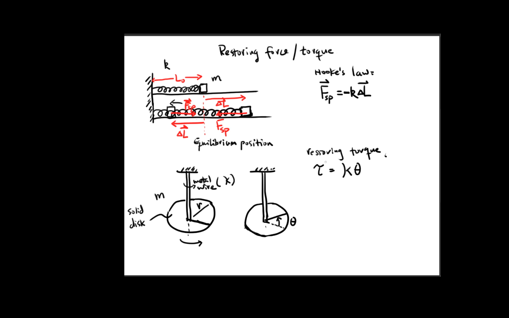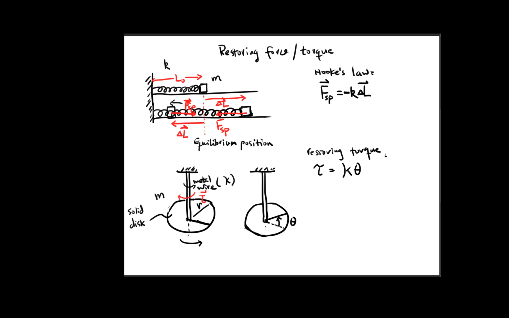The torque is proportional to the angle theta that is twisted. Okay, just like in Hooke's law. This is Hooke's law for rotation. And we know this torque is going to try to restore the disk to the original position.